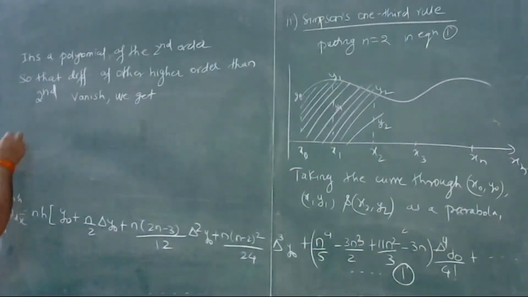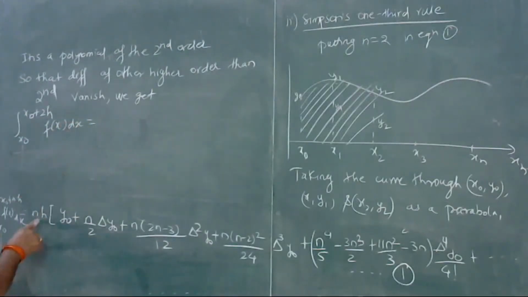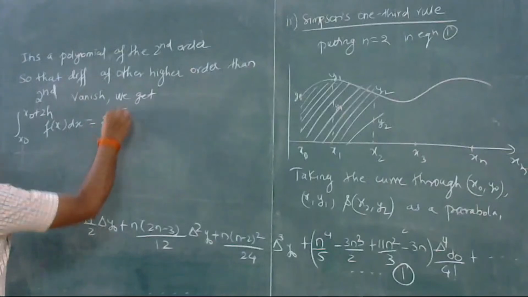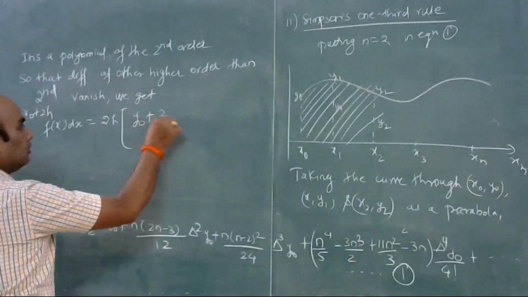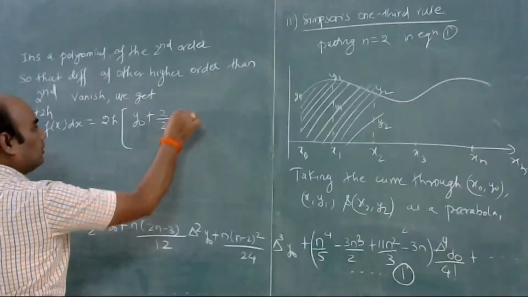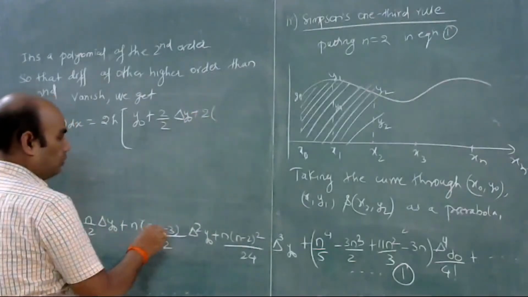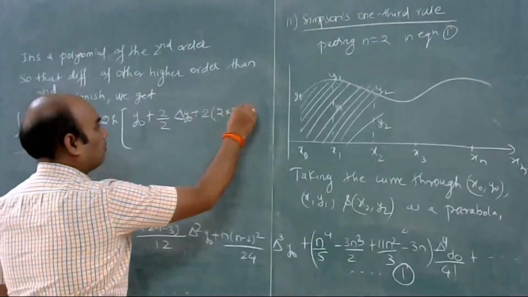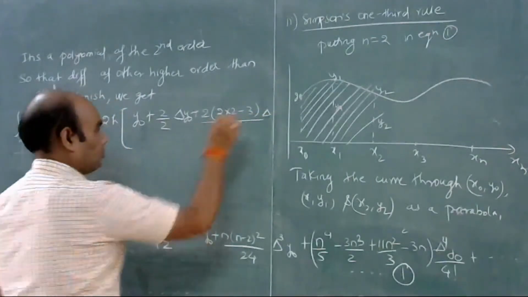So this will be x0 plus 2h. Okay, n is equal to 2. So the integral of f of x is equal to 2h times y0 plus 2 upon 2 delta y0 plus 2 into (2 minus 3) divided by 12 delta square y0.